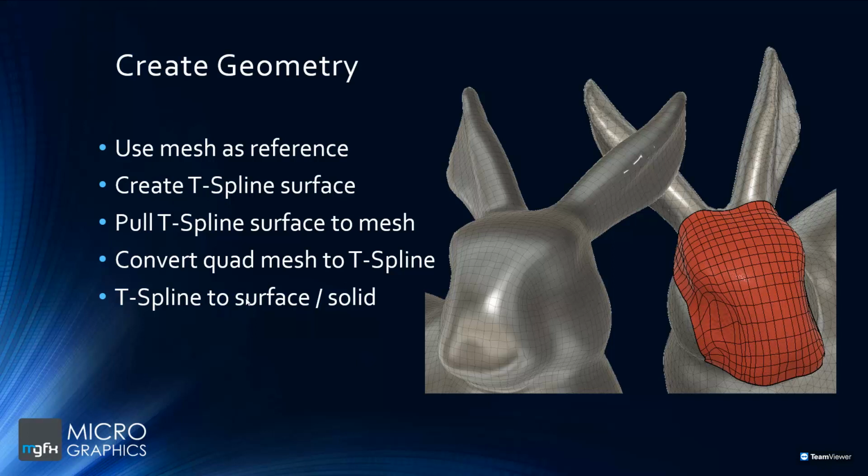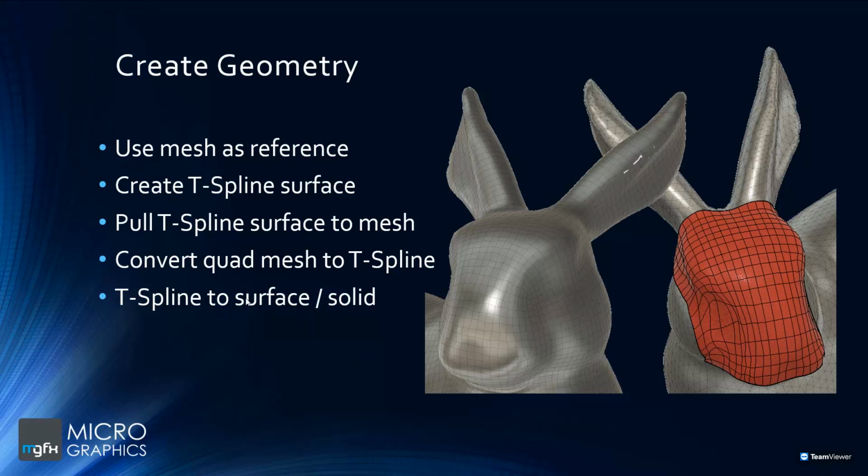Essentially, you can build up your T-spline using the mesh as a reference. You could either eyeball your surface with regards to the mesh, but you can also use a command called pull, which will allow you to pull that T-spline surface to match the mesh.